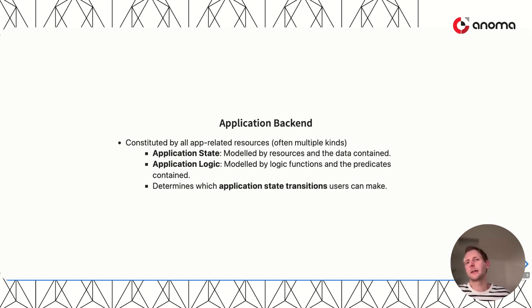And your application state would then be all the data contained in these resources, and the application logic would be all the logic functions and the predicates inside that determine which state transitions are allowed to happen in this application. So you can think about all these resources as the business logic of your application.